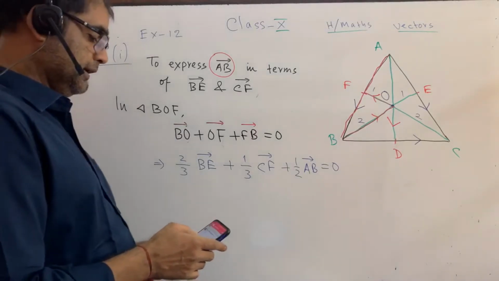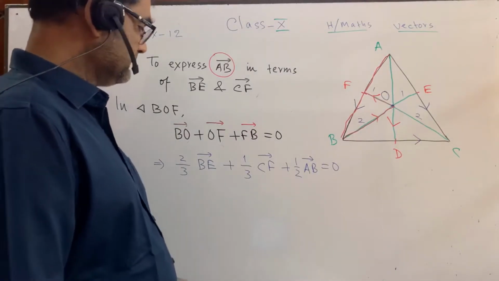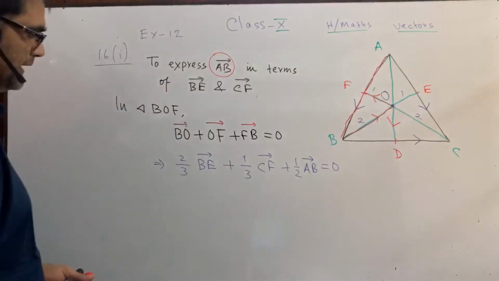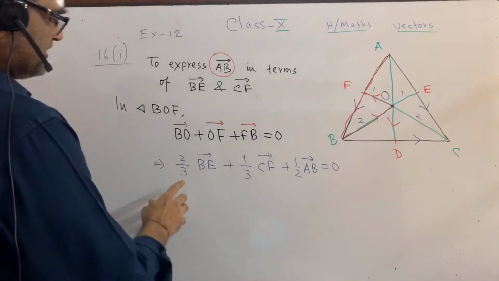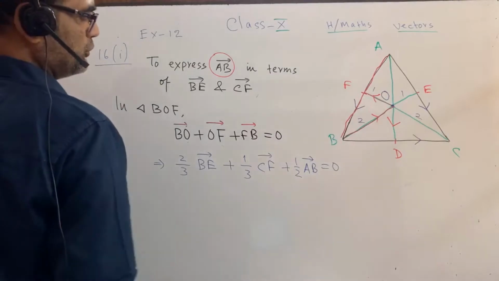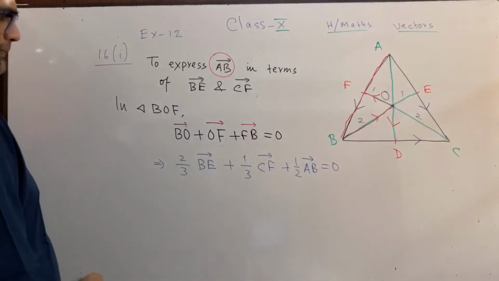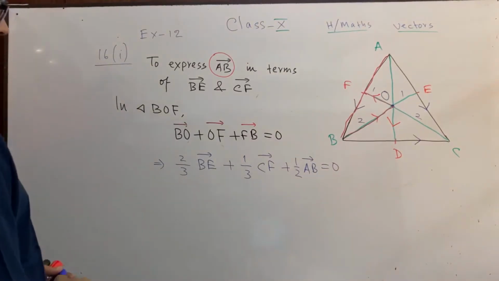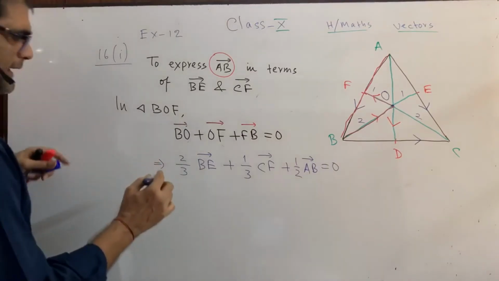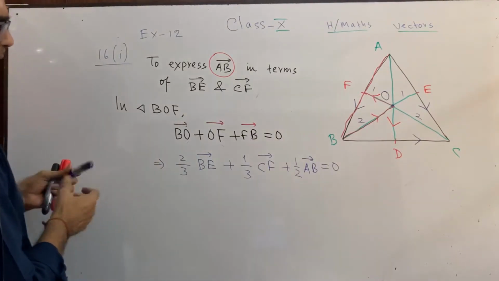Okay, now again we see what we are getting here. Again you see this is 3, this is 2. Okay, now half of AB equals to what?